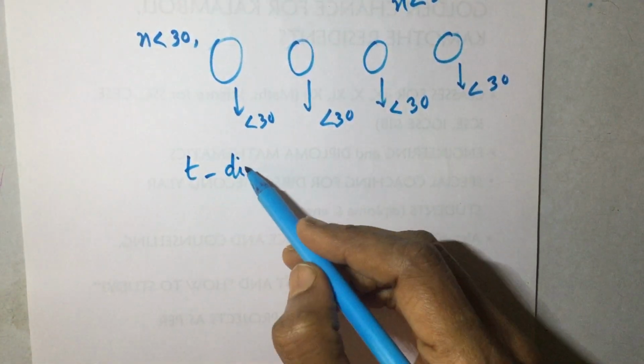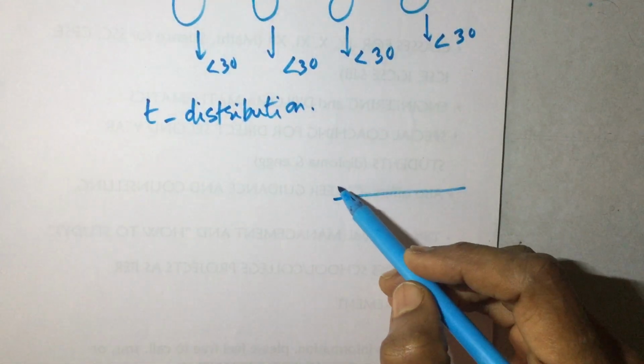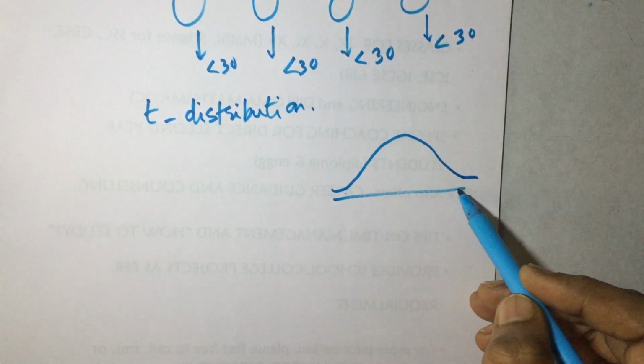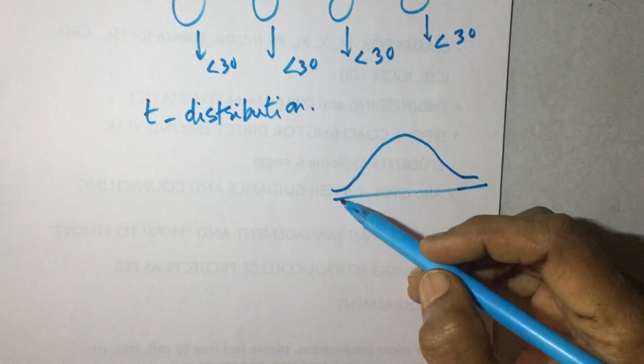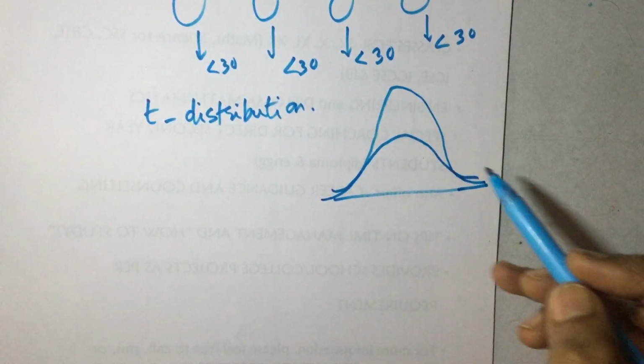Its shape is almost like the normal distribution, a bit more like bell shaped.